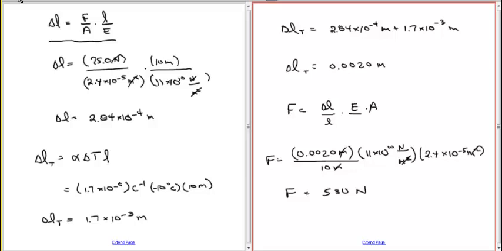And you have to stretch it another 1.7 times 10 to the minus 3 meters to make it 10 meters after both things have happened. And then you use the relationship between stress and strain and the Young's modulus to back out the higher tension that results from the cooling down.